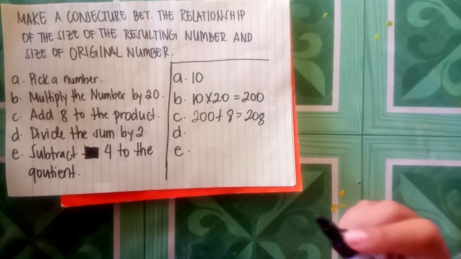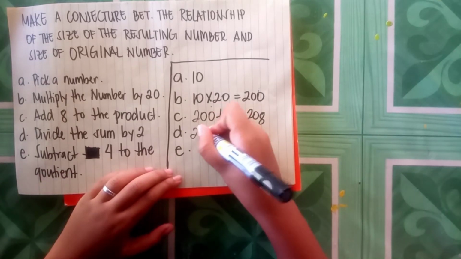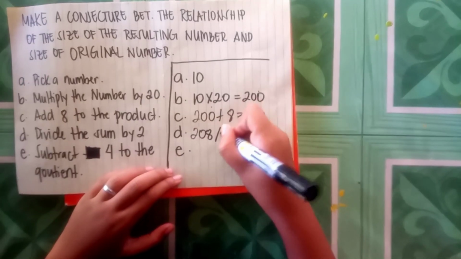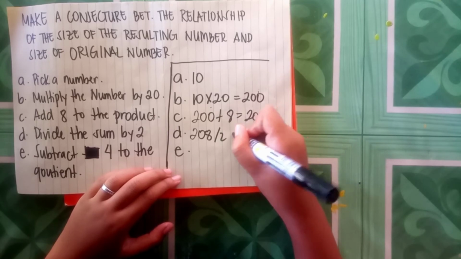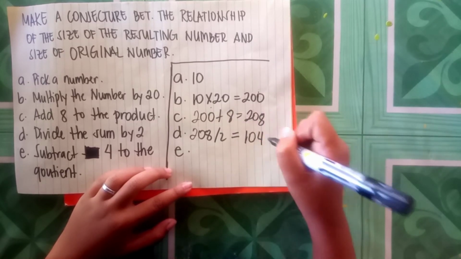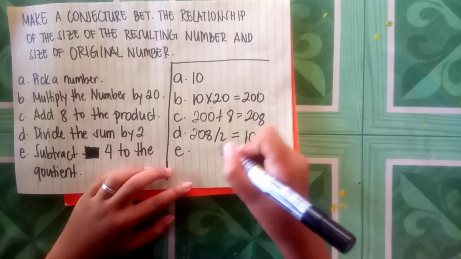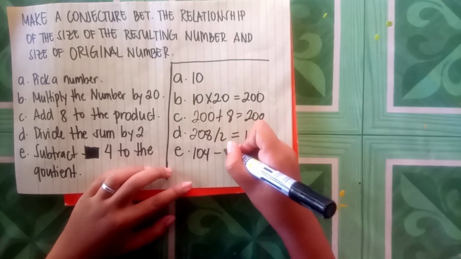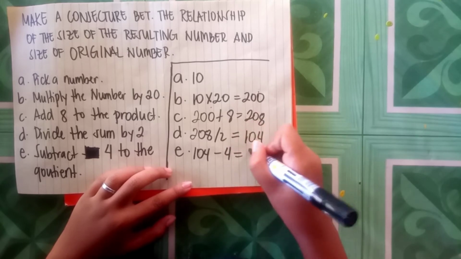Divide the sum by 2. So 208 divided by 2 is equal to 104. And subtract 4 from the quotient. So 104 minus 4 is equal to 100.